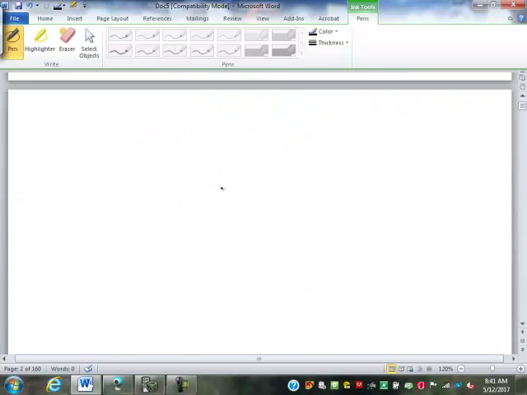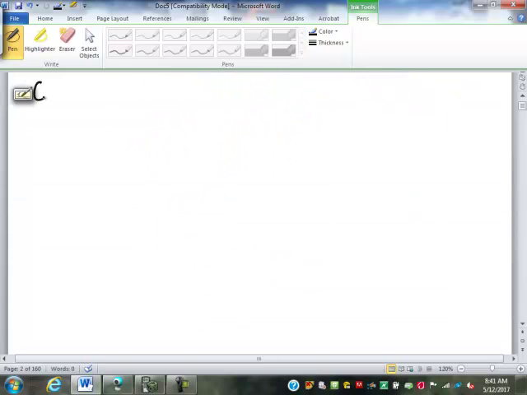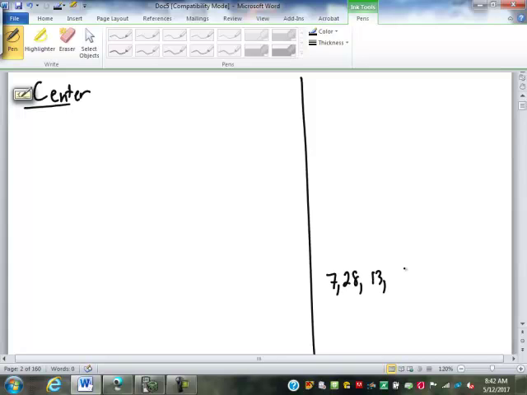So let's talk about center. Now I'm going to start out with a set of numbers over here that we're going to use. So there's my set of numbers that I'm going to start out using.